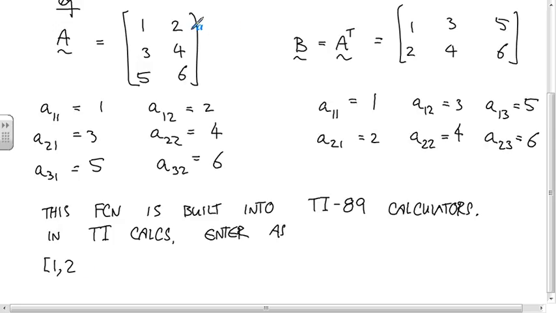So that would give you the first row. I'm doing this matrix A. And then you'd go semicolon. That's how it knows to go down to the next row. So then you'd enter 3, comma, 4, semicolon. And then you'd enter 5, comma, 6, square bracket.